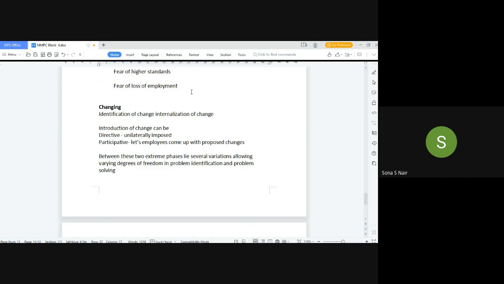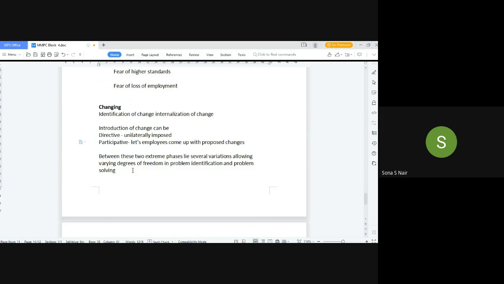You can bring the change in two ways. You can either unilaterally impose it upon them, or you can be participative and let employees come up with proposed changes, how to handle the situation. Okay? Between these two extreme phases lie several variations, allowing various degrees of freedom in problem identification and problem solving.